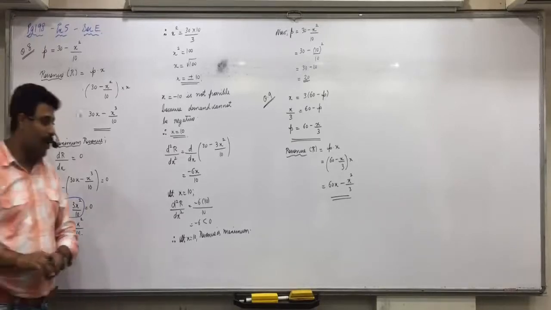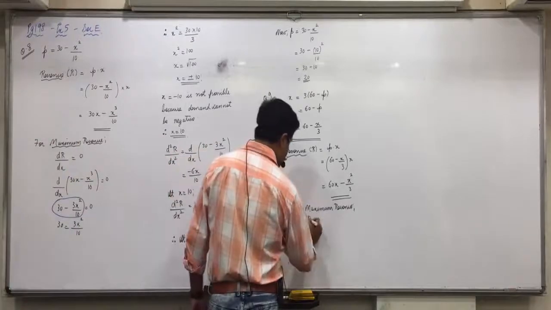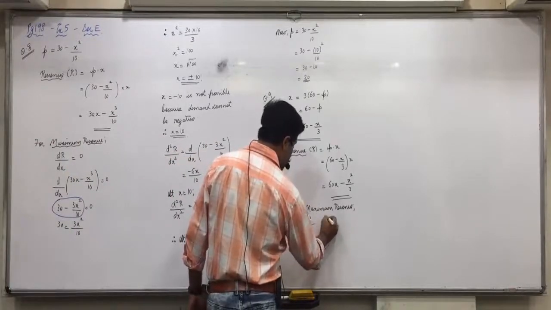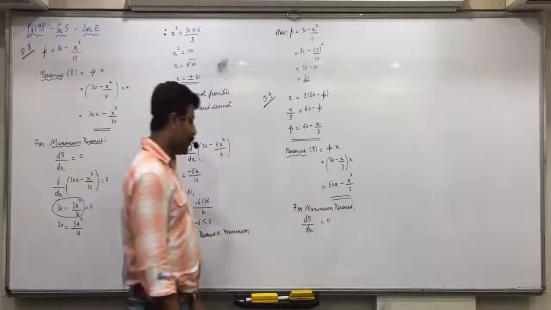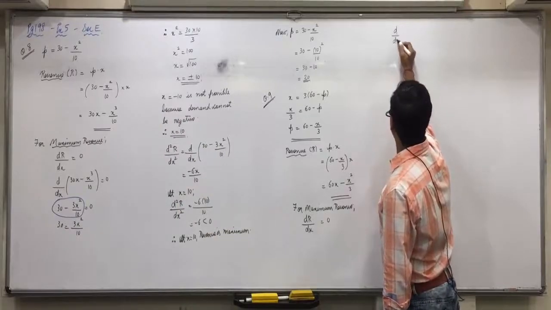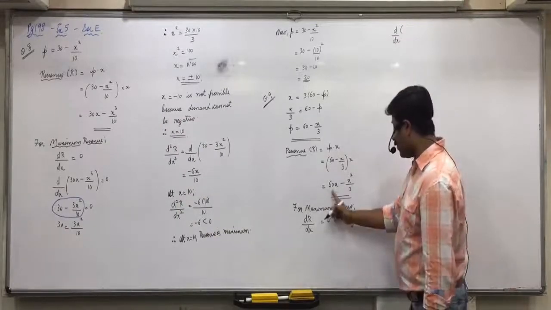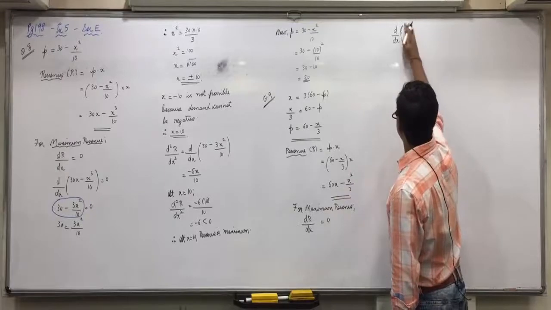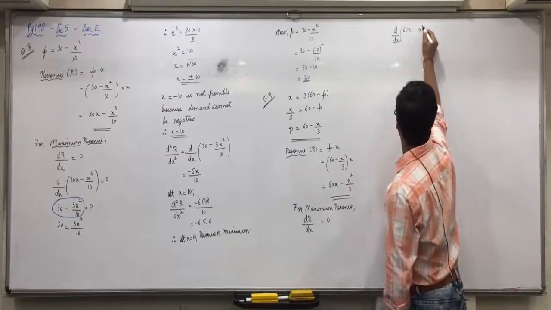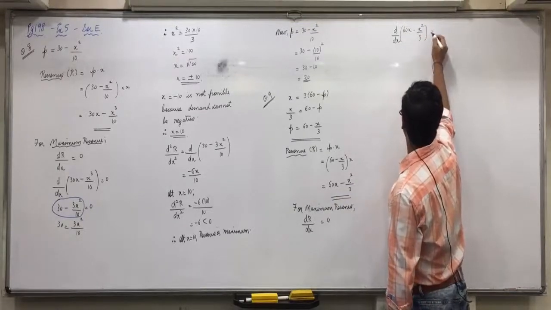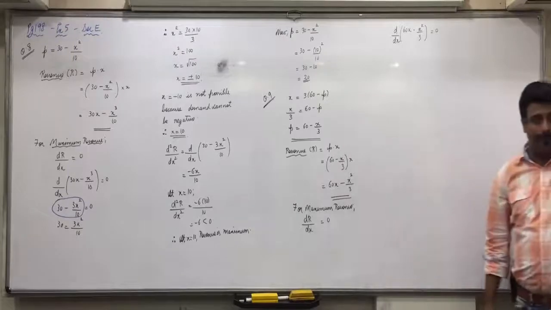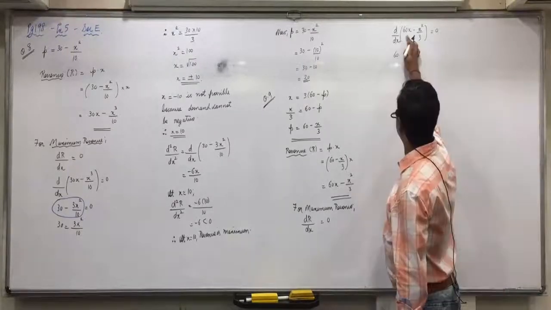Now, for maximum revenue, dR upon dx must be equal to 0. So, d upon dx of 60x minus x square upon 3 must be equal to 0. Now, 60x will become 60.